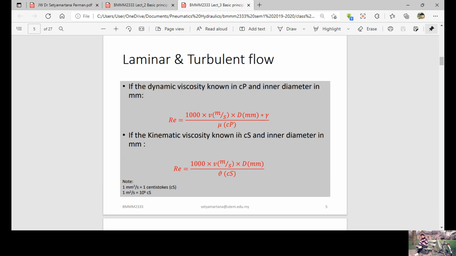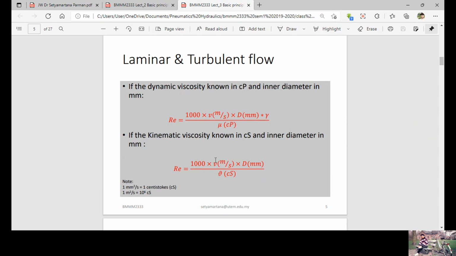If the kinematic viscosity is known in centistoke and the inner diameter in millimeter, we can use this equation. Re equals 1000 multiplied by V multiplied by diameter over nu.